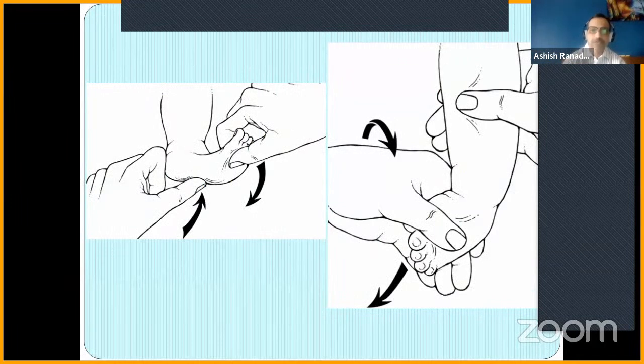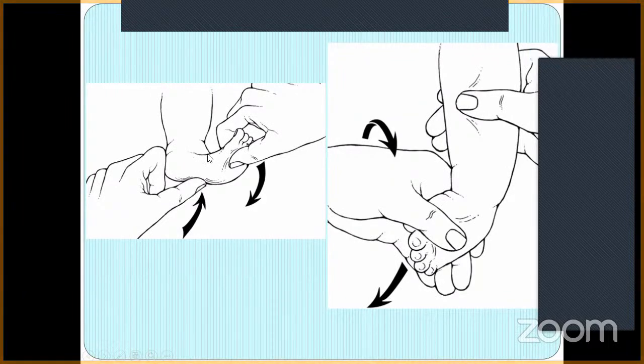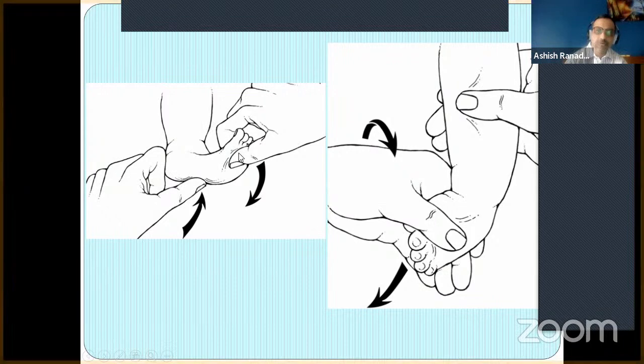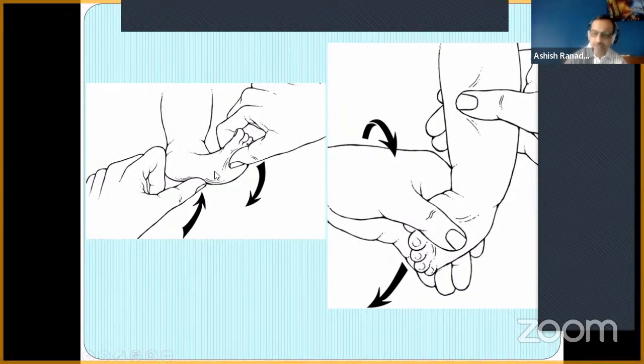So those are the pictures showing manipulation. With one hand, pressure is being applied over the plantar flexed talar head, and with the other hand, the forefoot, which is dorsally dislocated, we are trying to bring it down and adduct and correct the abduction.